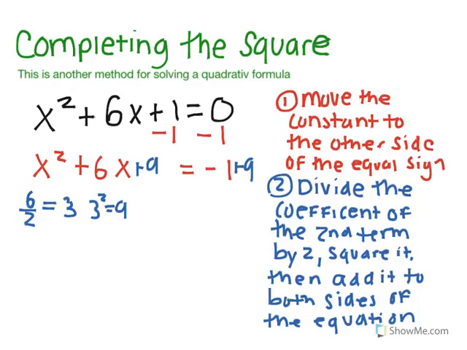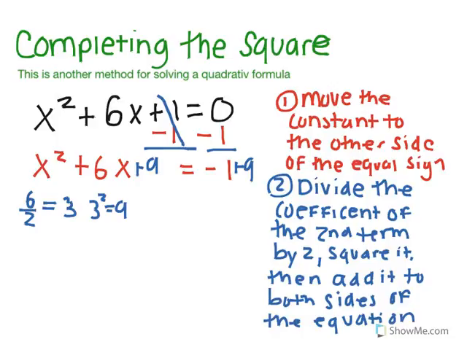Okay. Now, if you're solving these out and you can't find a pair of numbers that multiply to equal the constant and add together to equal the second coefficient, you could do something called completing the square. The first thing you do in completing the square is to move the constant by eliminating it from this side of the equation through the opposite subtraction and doing it to this side.